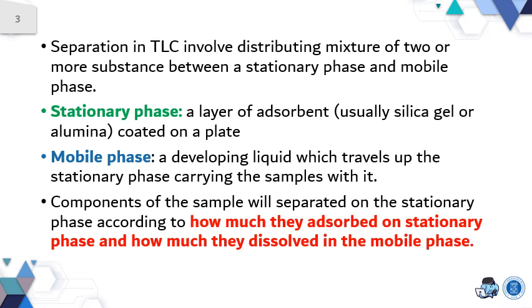It was using a glass plate, but now we also use aluminum plates and plastic plates. The mobile phase is a developing liquid which travels up the stationary phase, carrying the samples with it. The components of the sample will be separated on the stationary phase according to how much they adsorb on the stationary phase and how much they dissolve in the mobile phase.